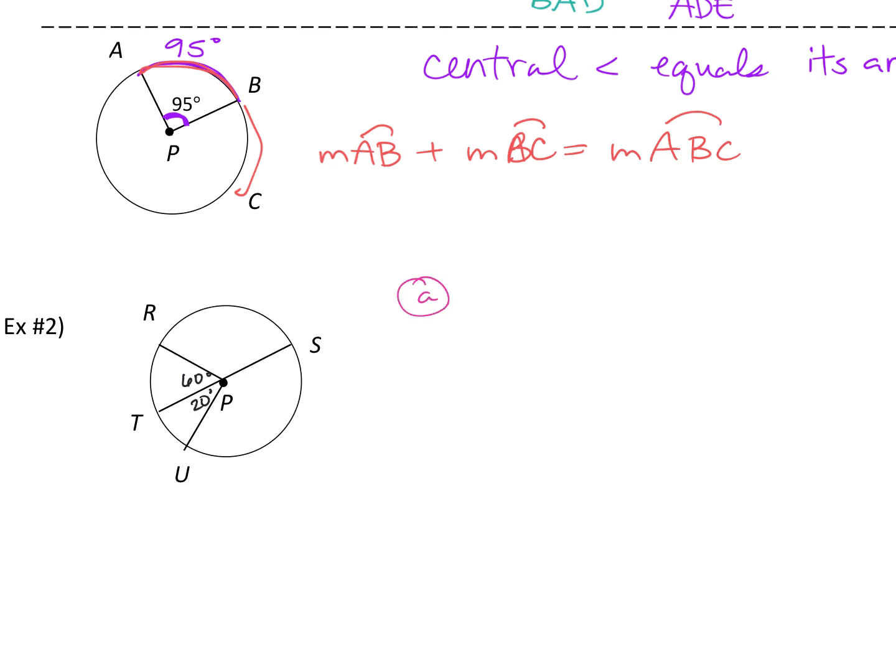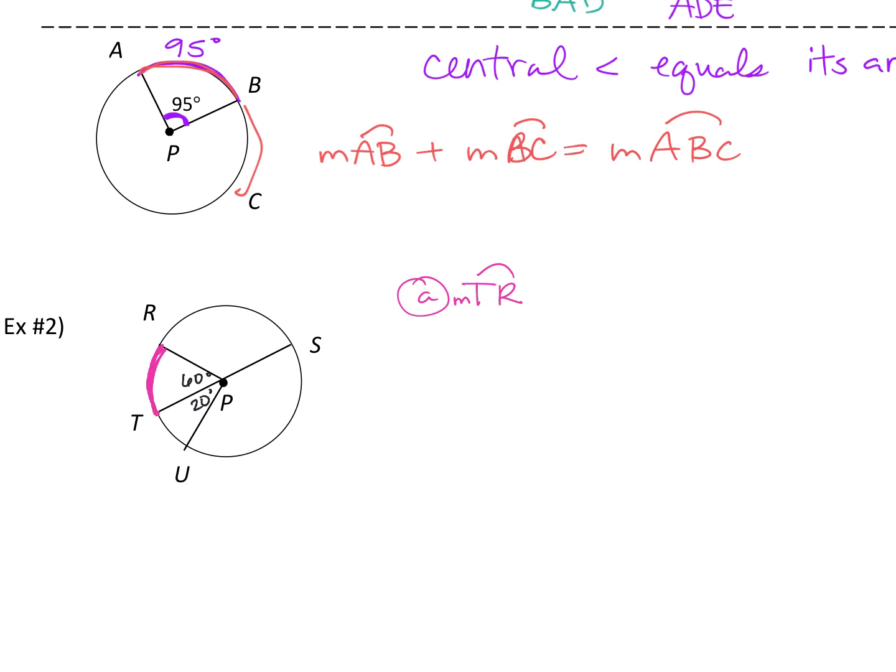First one that we're going to find, letter A, I want to know what is the measure of arc TR. Remember, when we're using 2 letters, that's the minor arc. So we want the shortest distance between T and R. So from T to R, I want to know the measure of this arc. How many degrees is that arc? 60.